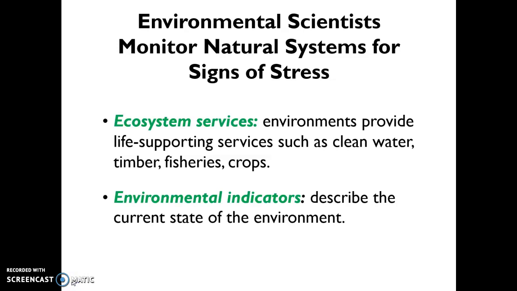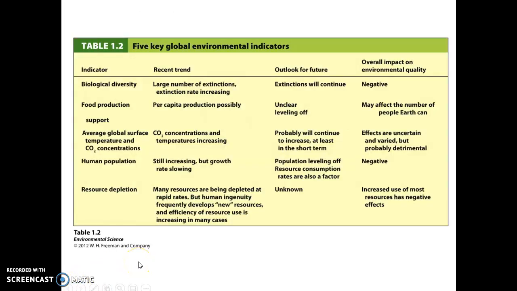So on the next slide, we'll look at a table which shows environmental indicators in brief, and then we'll move on to another screencast to explain them in more detail. So this is a table from your textbook, and I'm not a big fan of these tables, but I will walk you through it nonetheless. So you can see here in the indicators on the left, there are 1, 2, 3, 4, 5 indicators: biological diversity, food production, average global surface temperature and CO2 concentrations, human population size, and resource depletion.